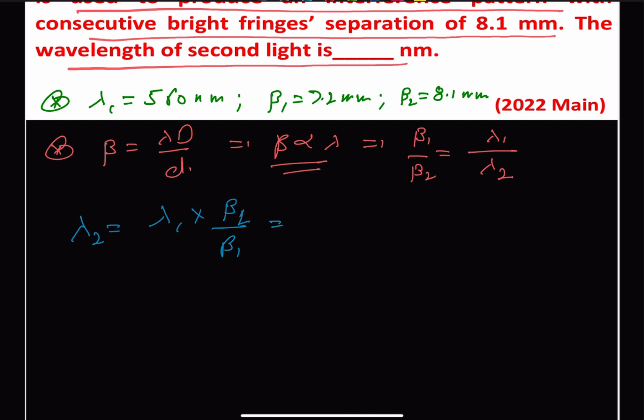Lambda 1 is 560 nanometer, beta 2 is 8.1, and beta 1 is 7.2. So this gives us that our lambda 2 will be coming as 630 nanometers. And this will be 630.